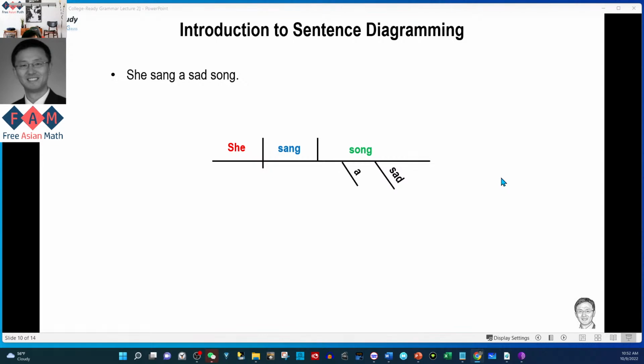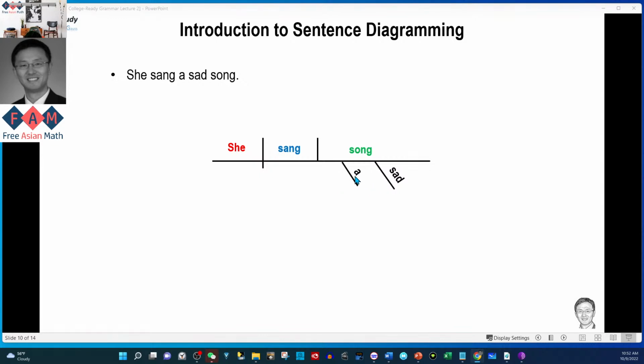And because they modify song, we want them to connect to song immediately. So we put them on those 2 backward diagonal lines beneath the main line, in particular beneath 'song', and we put both of them there.